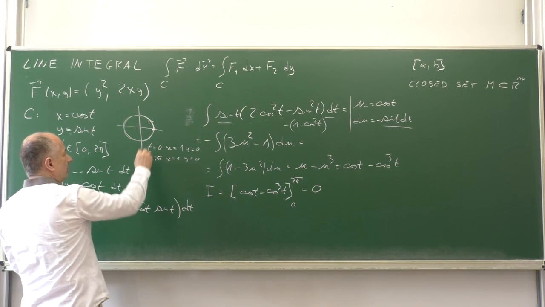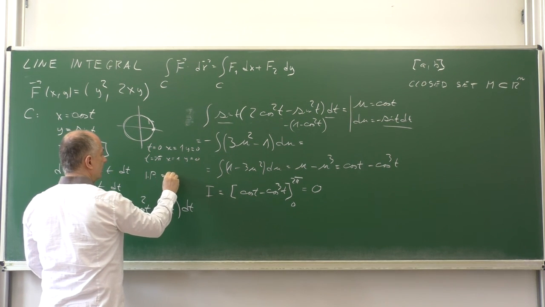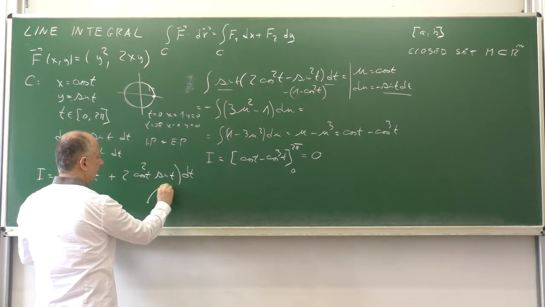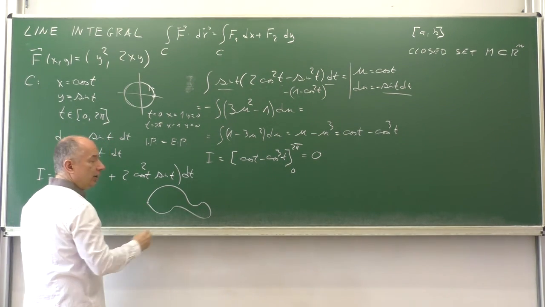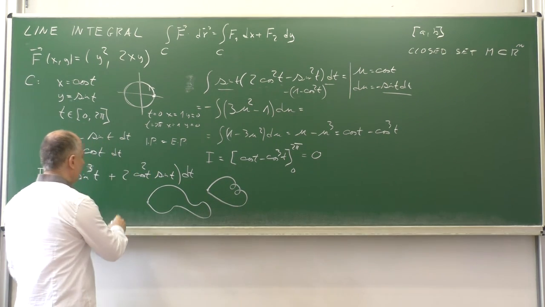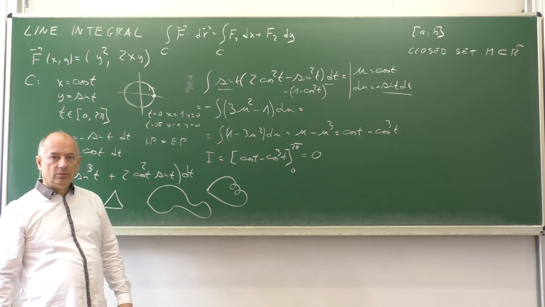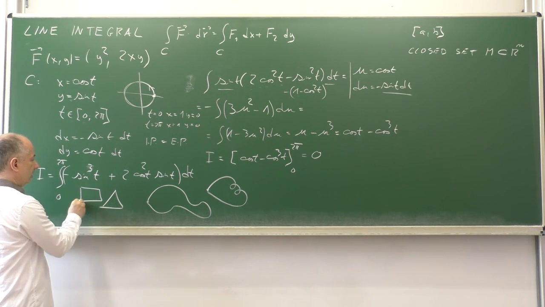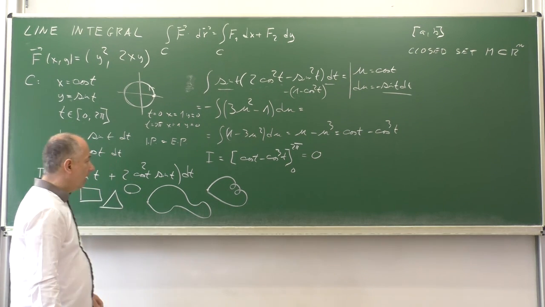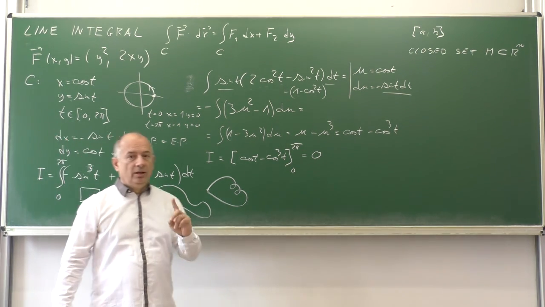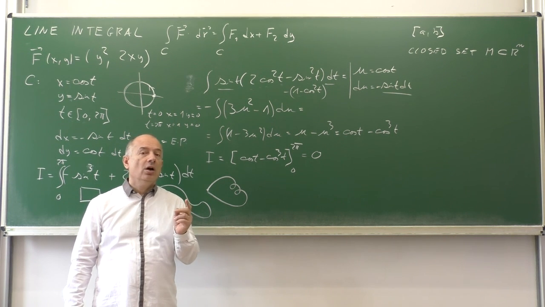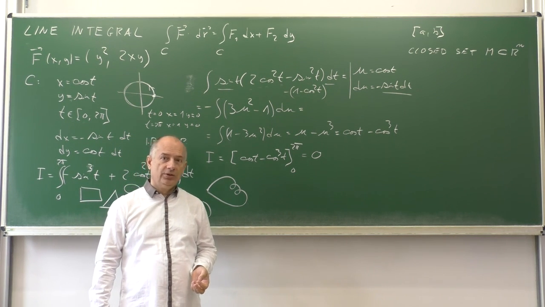But if the initial point of the curve is the same as the end point, we say the curve is closed. It may look like that. It may even cross itself. No problem. A triangle is an example of a closed curve, a square or rectangle, a circle, all these are examples of closed curves. When we evaluate the line integral over a closed curve, we always hope the field is conservative.